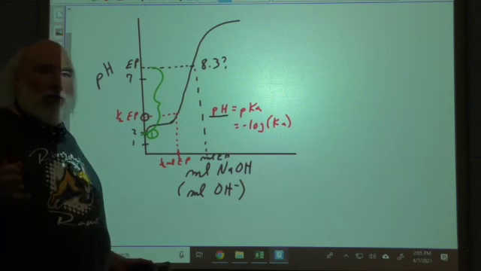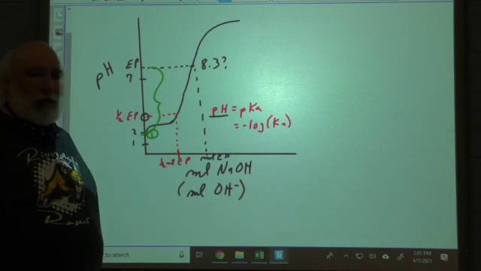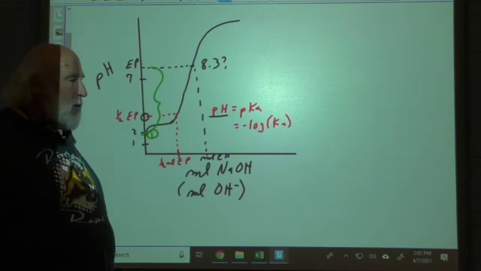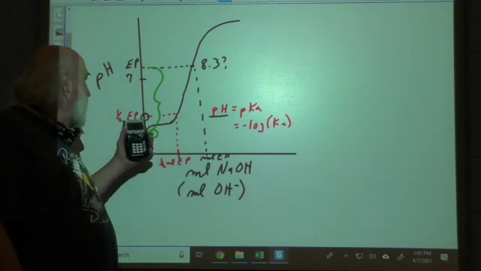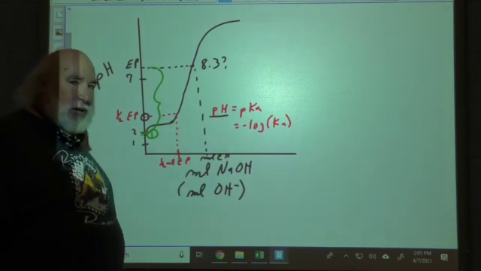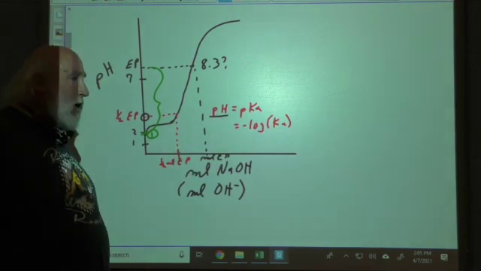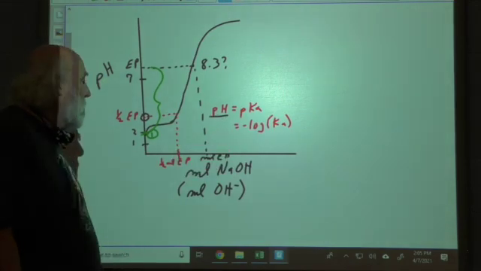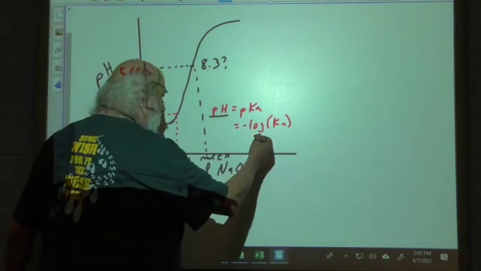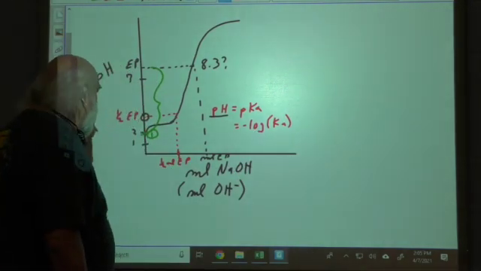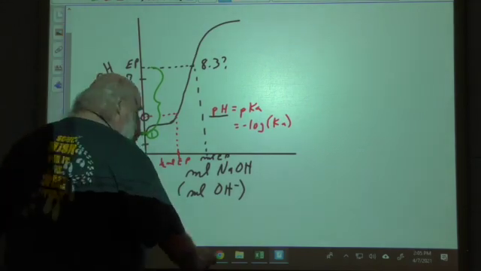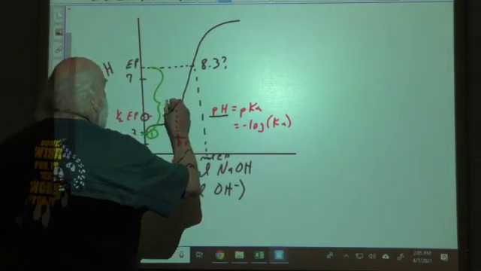You don't have any extra acid or base in that buffer. It's even. And that means that it is going to be equivalent to your pKa, because the other part was equal to 0. And pKa again is called the negative log of Ka. So there's stage 2 right there.